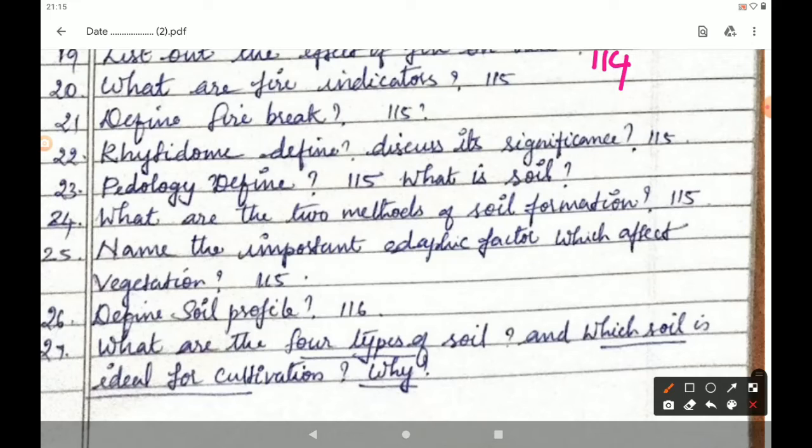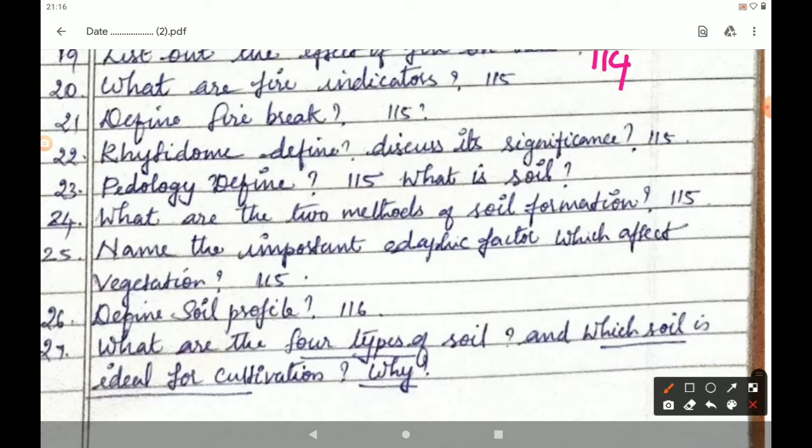To define soil, the answer is in the second paragraph. Soil is the weathered superficial layer of the earth in which plants can grow. It is a complex composite mass consisting of soil constituents, soil water, soil air and soil organisms, etc.